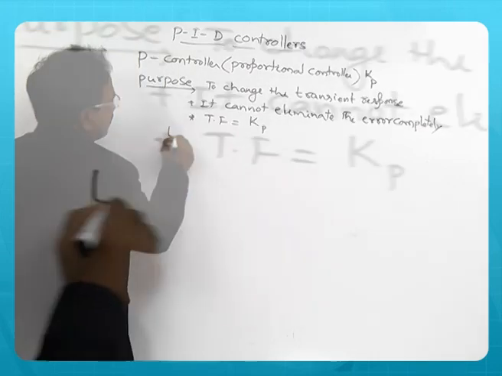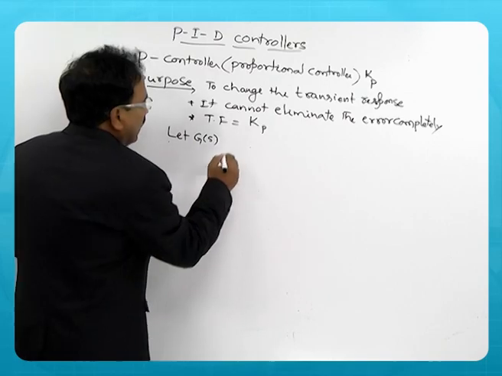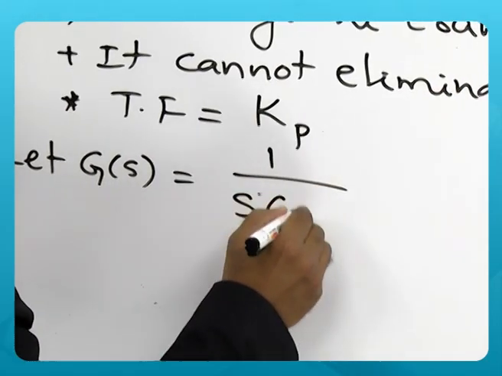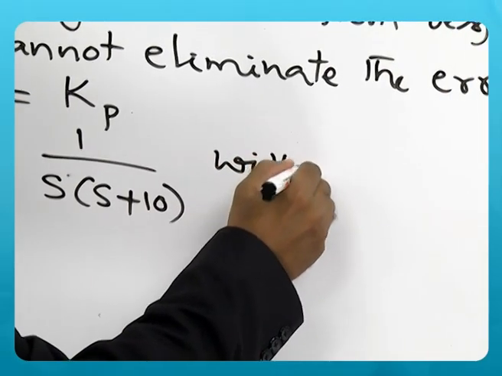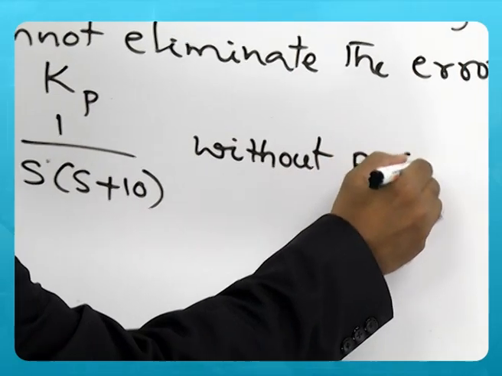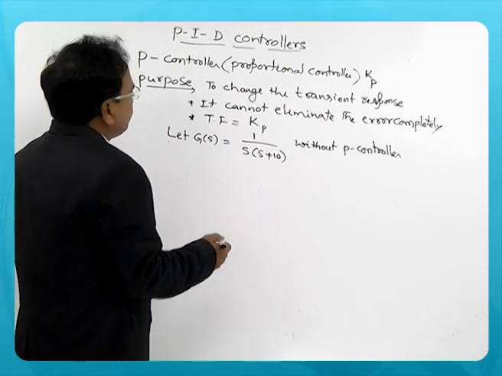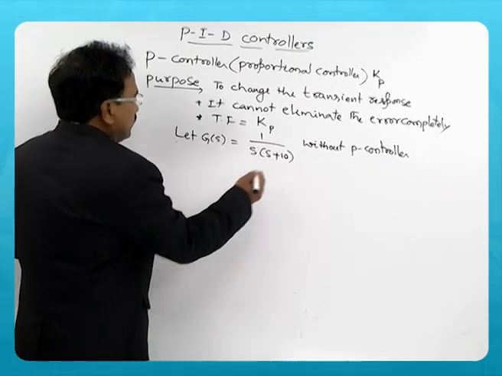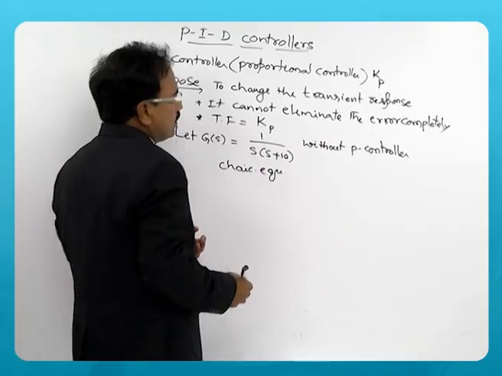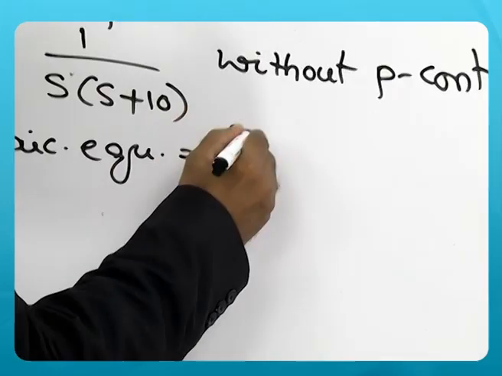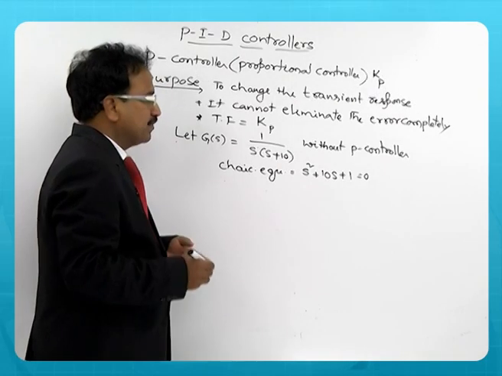So let us consider G(s) of the system as 1 by s into (s plus 10). This is without P control, without proportional controller. Now, the characteristic equation of this system is s square plus 10s plus 1 equal to 0.